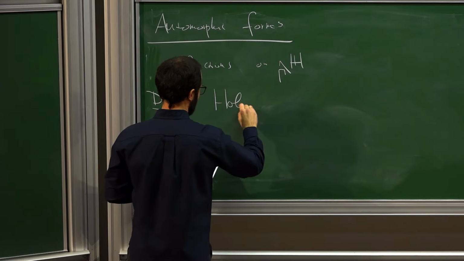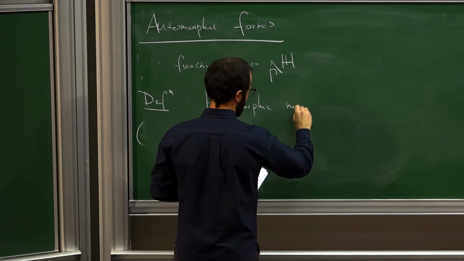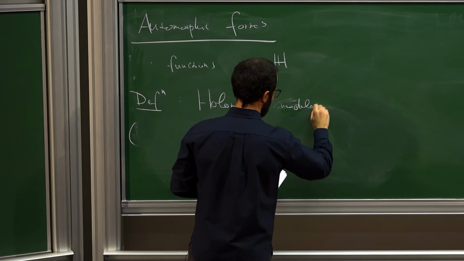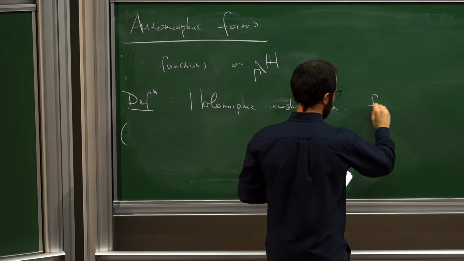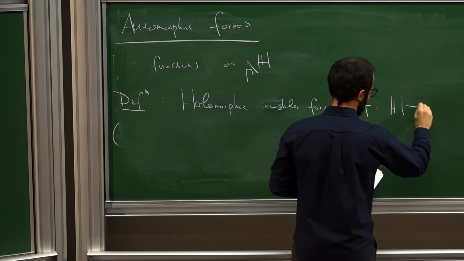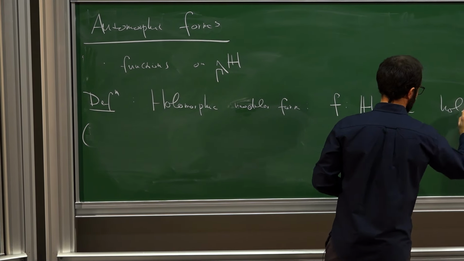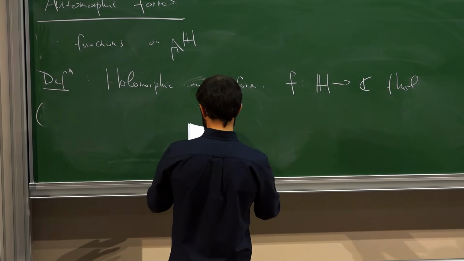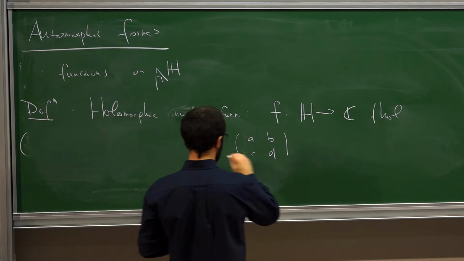So, definition: a holomorphic modular form. These are holomorphic functions on the upper half plane. So f is holomorphic, and it satisfies an appropriate invariance under any element of gamma.